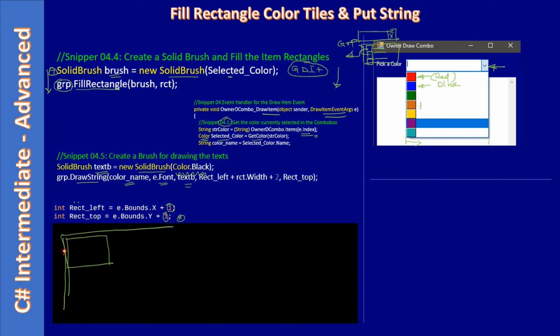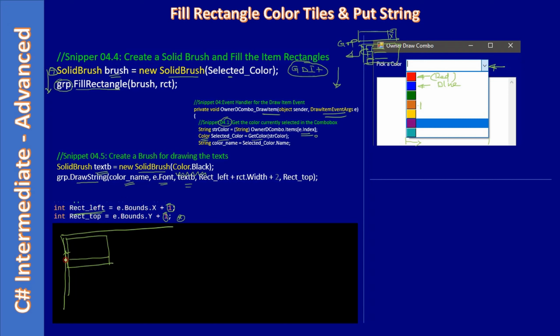Let me put a cross mark here, a specific location plus 1. That's what rect left is. Whatever e.bounds.x is giving us, plus 1 pixel to accommodate this specific gap that's already there, is the rect left, plus rect width, this one.